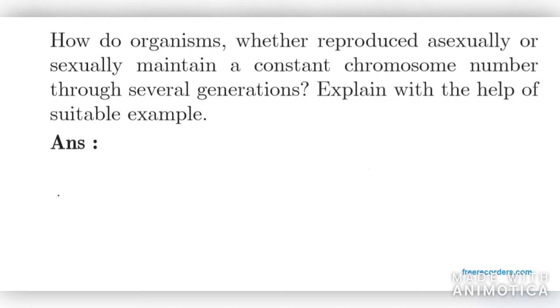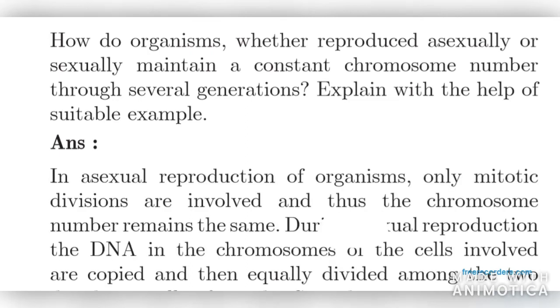In the gametes, the sperm and egg both have 23 chromosomes. When the sperm and the egg fuse, the zygote then has 46 chromosomes, or 23 pairs. So therefore the chromosome number remains the same. You can write down the answer from here.